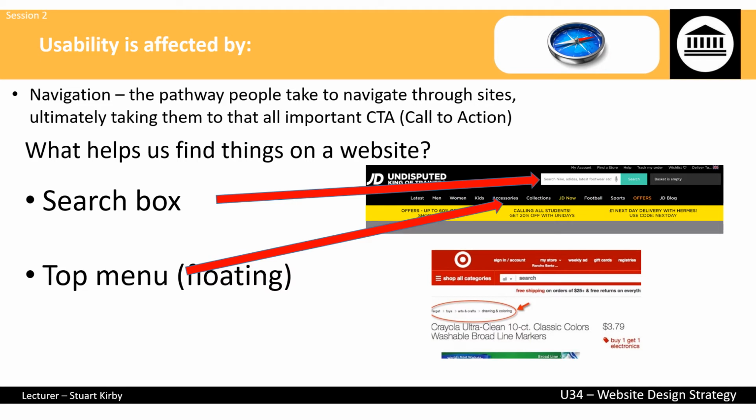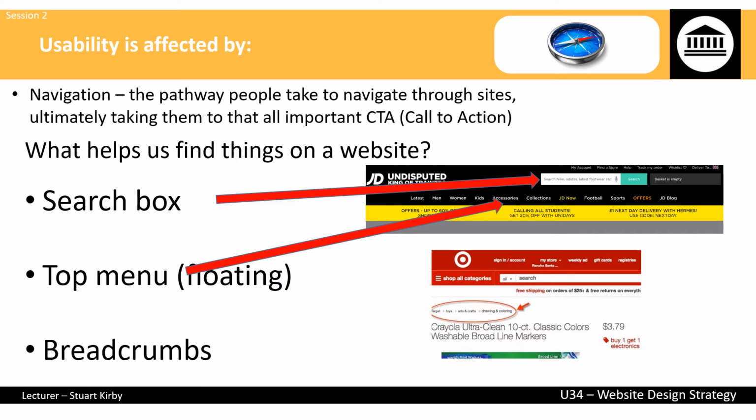You'll see in brackets, floating. This refers to some websites that have the menu floating. What that means is when you start to scroll down, we talked about this as well in session 1, above the fold, below the fold, that kind of thing, the menu follows you, it's floating. These can be quite effective, but not all websites use them.